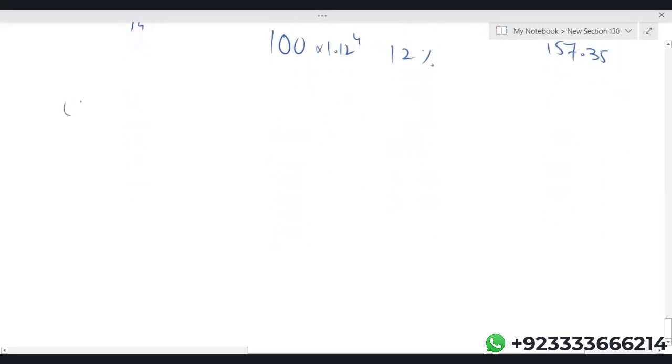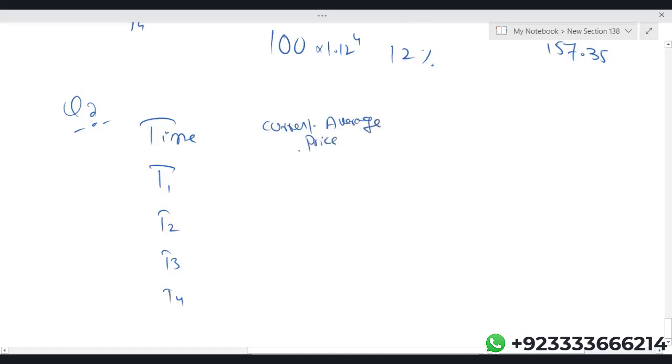Okay, now second question. T1, T2, T3, T4. Current average price is 100, 122, 115, 126.